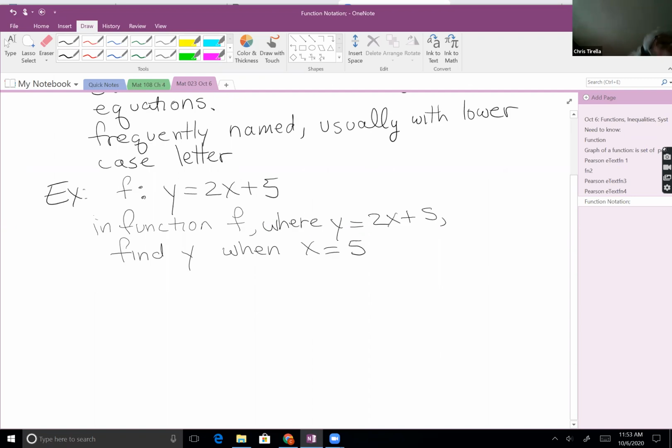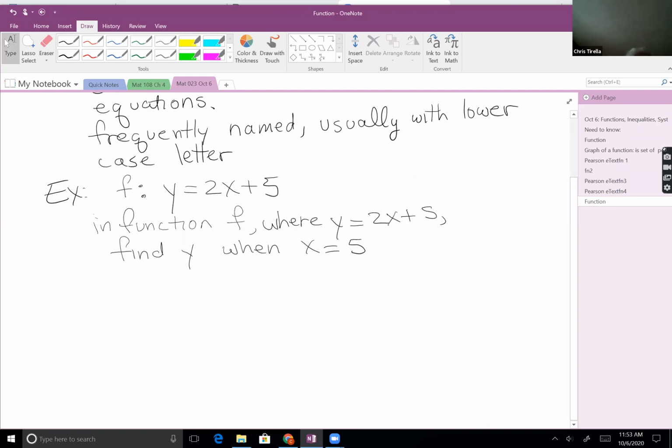And so I'm talking to a room full of intelligent college students. If I know that f is given by the rule y equals 2x plus 5, what would you do to find y when x is equal to 5?